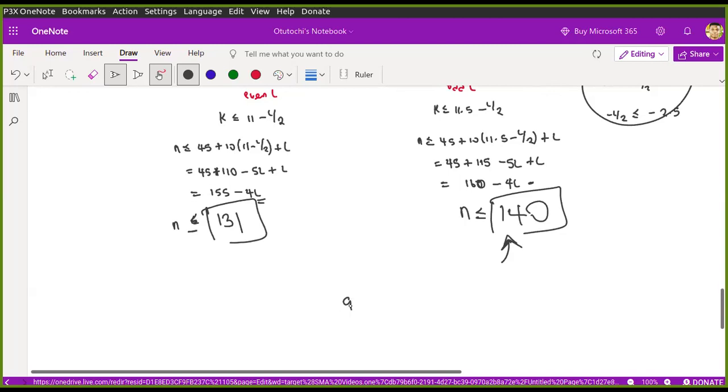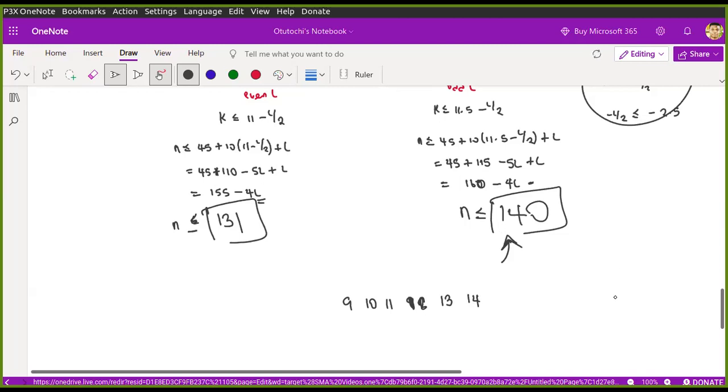We have 9, 9 plus 1, 9 plus 2, 9 plus 3, 9 plus 4 is 13, 9 plus 5 is 14.